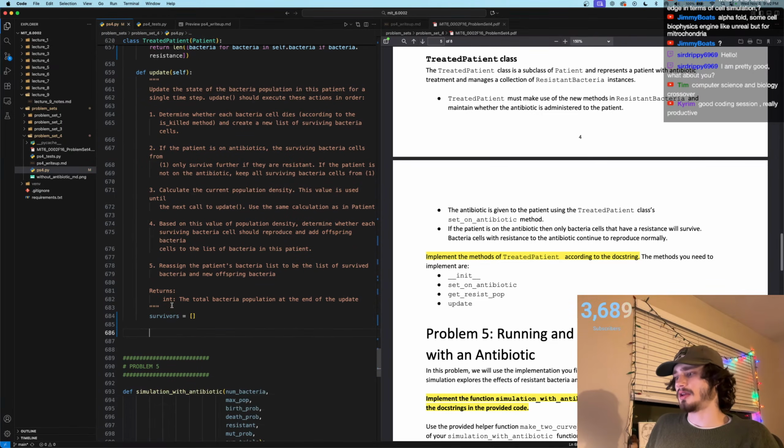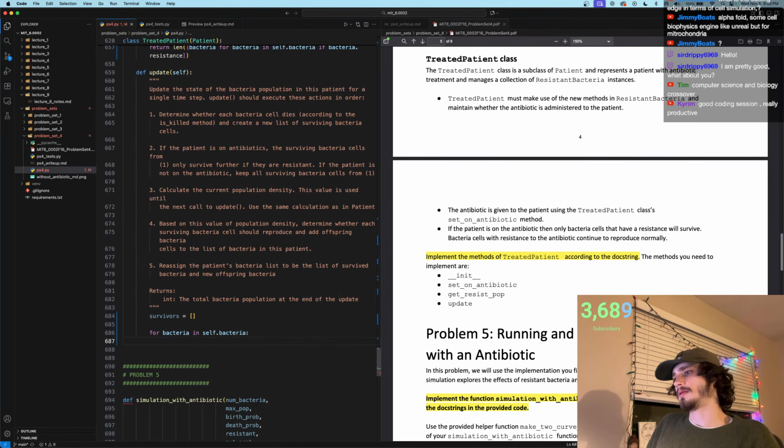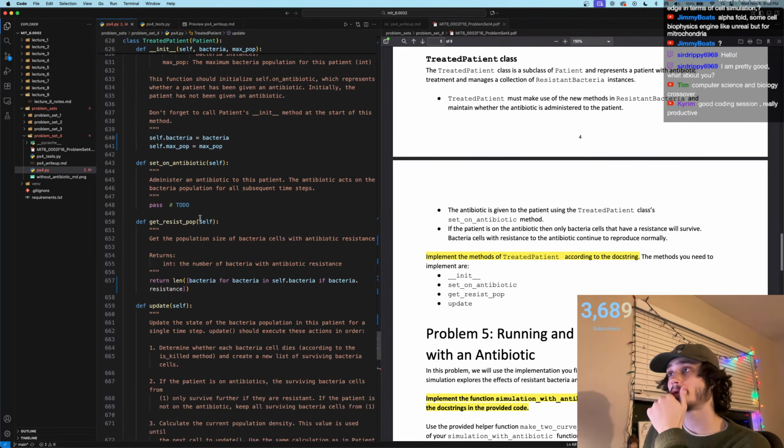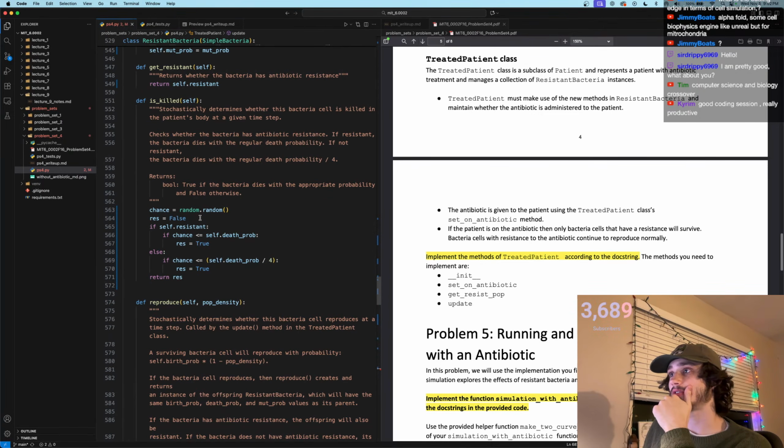And we're going to say for bacteria in self.bacteria, if, so is killed returns a boolean, true or false, if the bacteria dies or not.